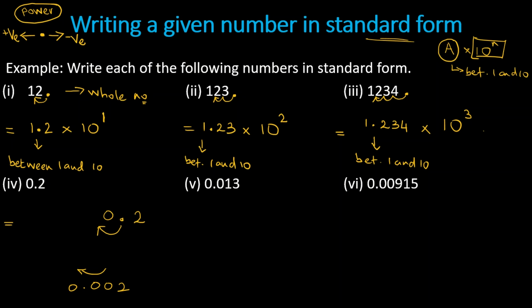So in this case, we are not going to move the decimal to the left. Instead, we have to move it to the right. Let us see, if we move the decimal to the right by 1 decimal place, the number becomes 2 or simply 2.0. It's the same thing, right? Now, is 2.0 between 1 and 10?